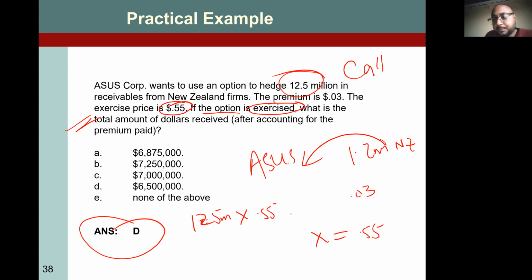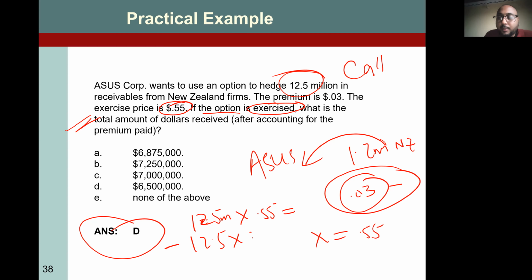Since they bought the option, they will pay the premium as well. You need to less 12.5 multiplied by 0.03. So that answer is going to leave you 6.5 million. Let's do that.